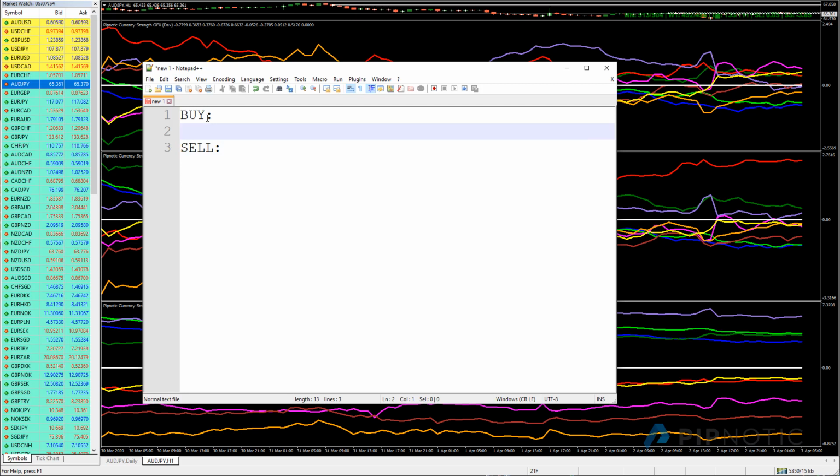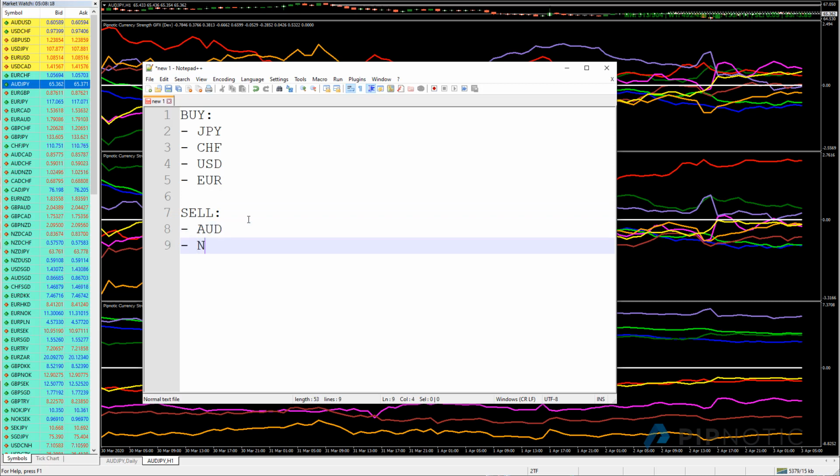And so the buy currencies longer term are the Japanese yen, the Swiss franc, the American dollar, and the euro. That's a lot. Okay, so that's a lot there. So if we go here and we have the weak ones, I'm just going to grab three of them, and do the Aussie dollar, the Kiwi, and the Canadian dollar.